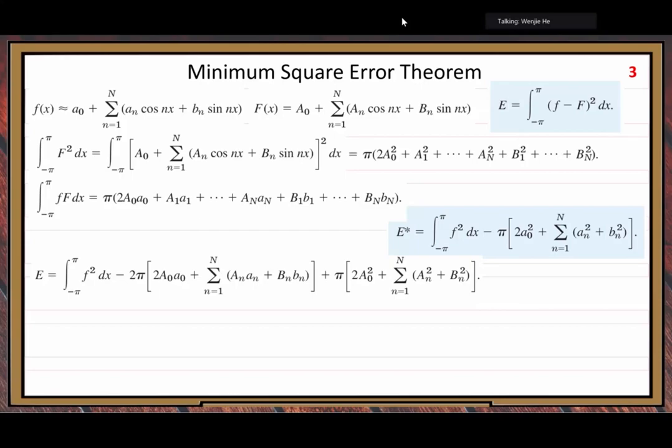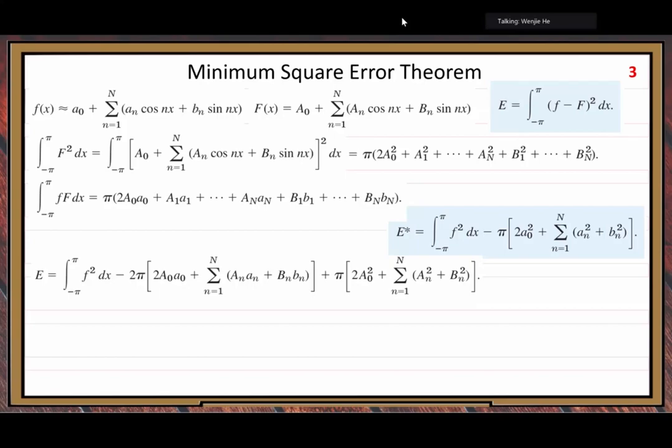Now we want to show, because in our mind we should have some target, that when the capital A, capital B coefficients equal the little a, little b coefficients, we will get the best approximation.